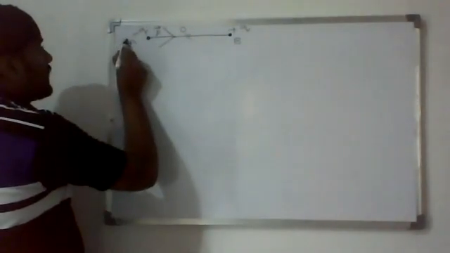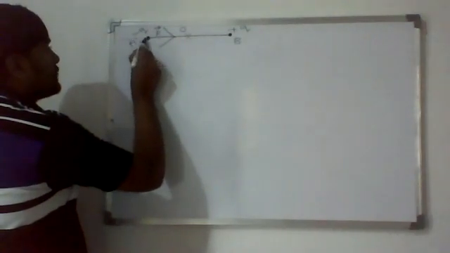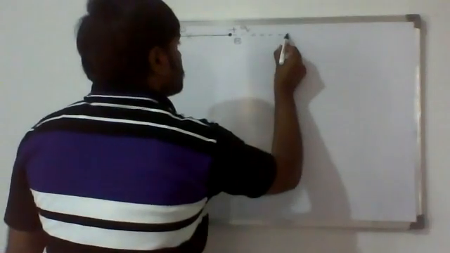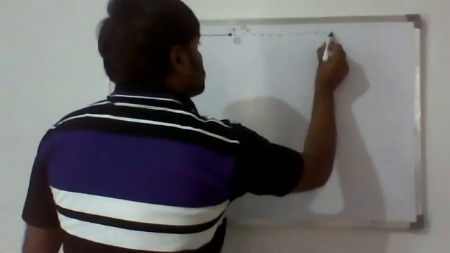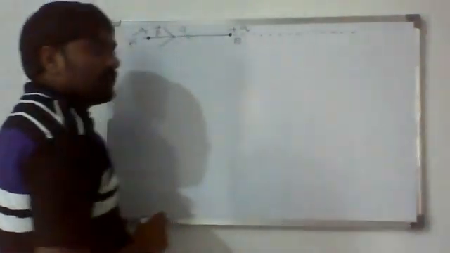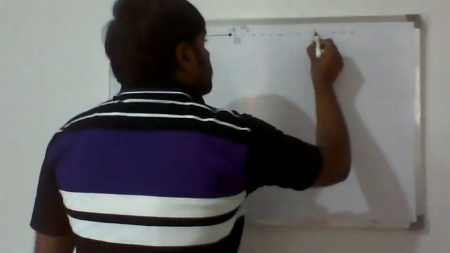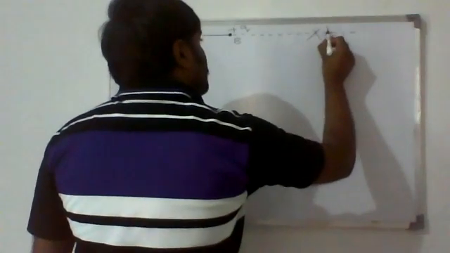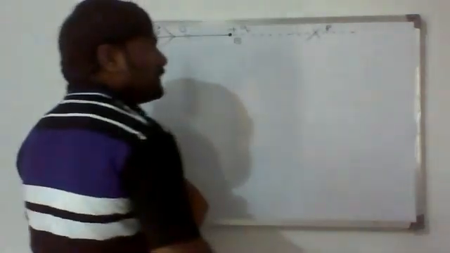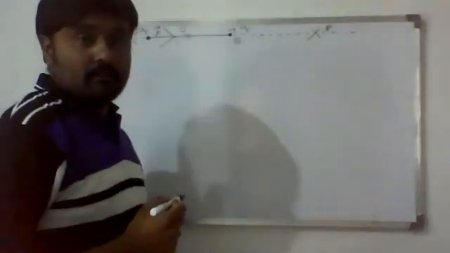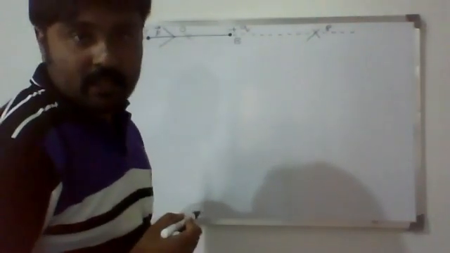Now consider a line that is passing through the dipole axis. This is called the axial line. Now consider an observation point P, the point under consideration.